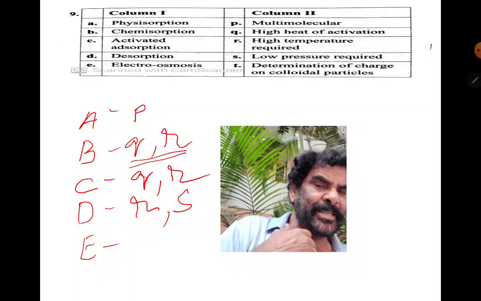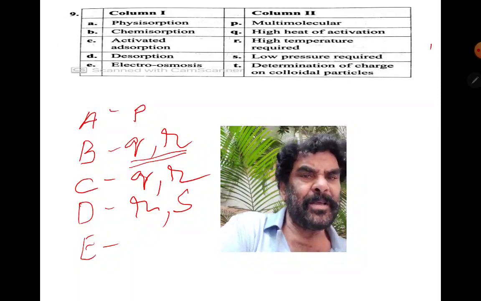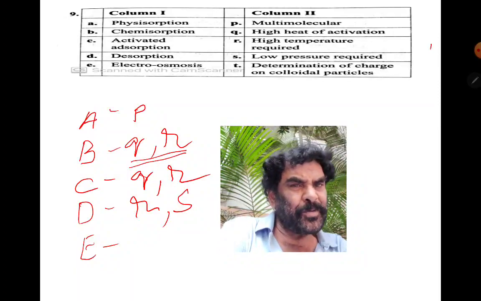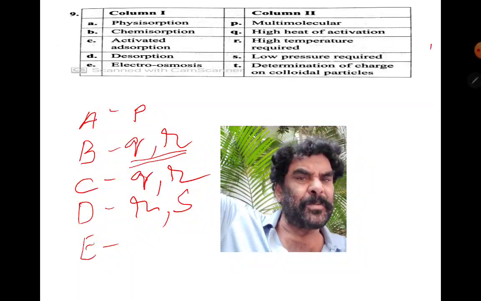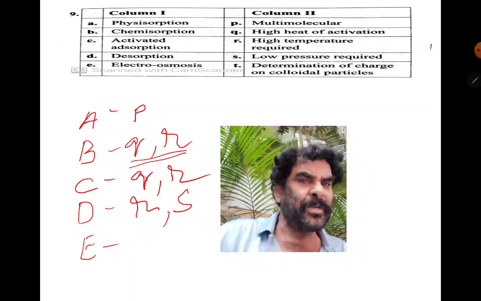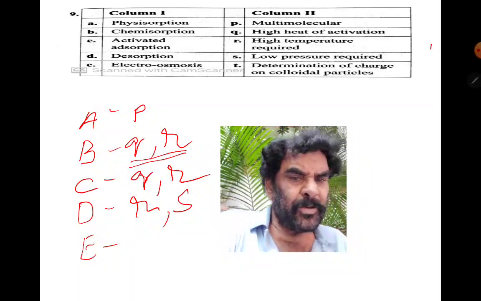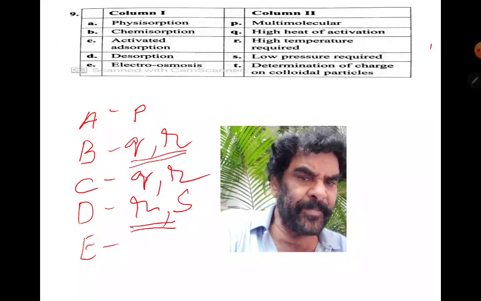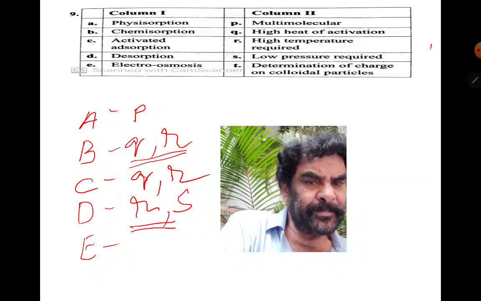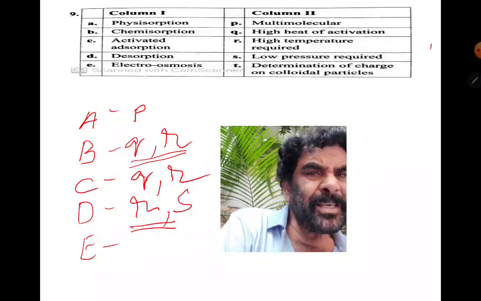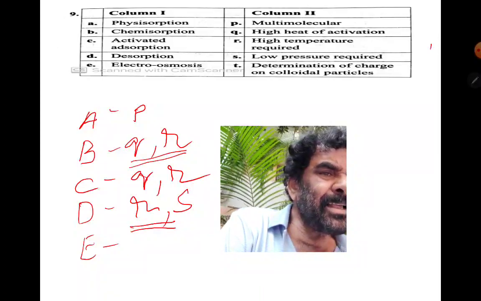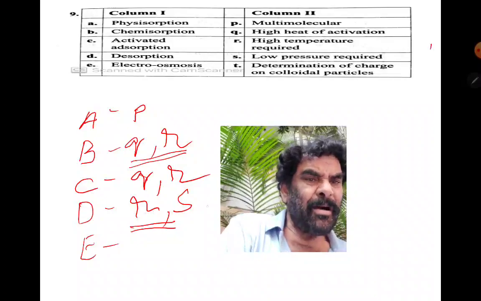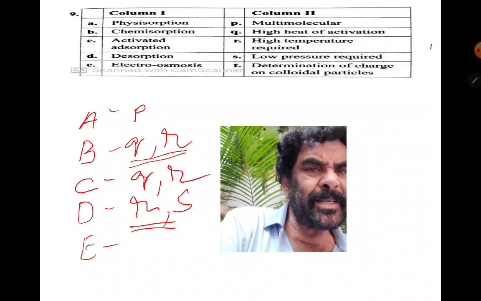As the pressure decreases, there is more and more desorption. Pressure increases, physical adsorption increases. Pressure decreases, physical adsorption decreases, that is, the desorption increases. So R and S are correct. And so C is QRS, RS.